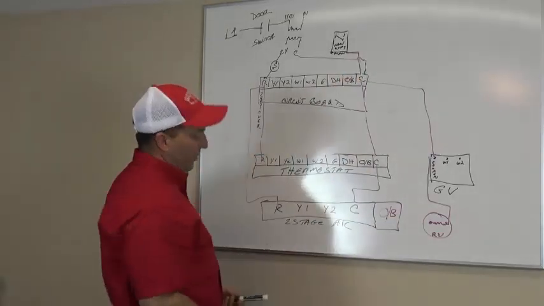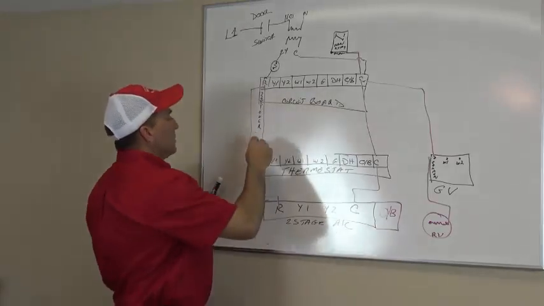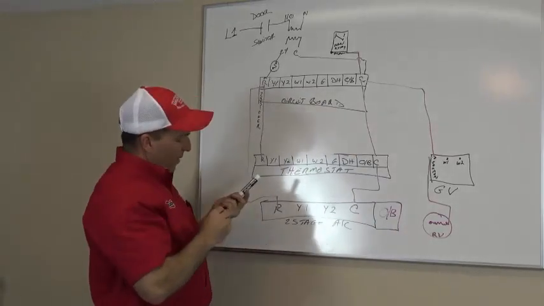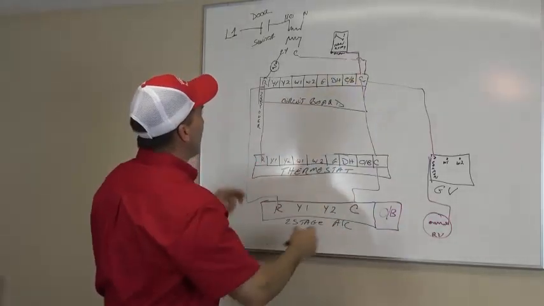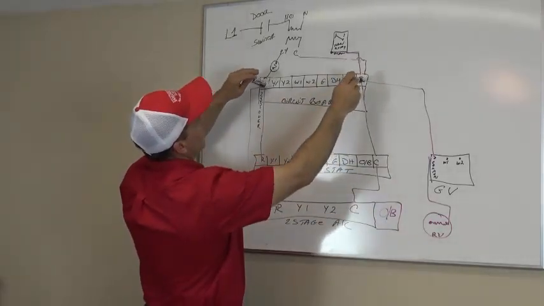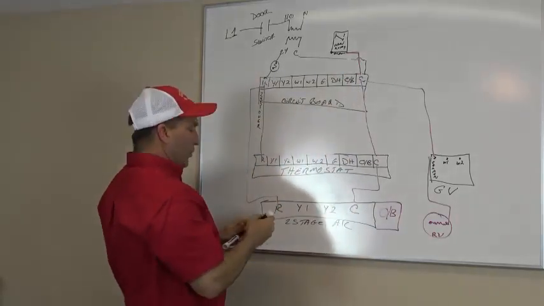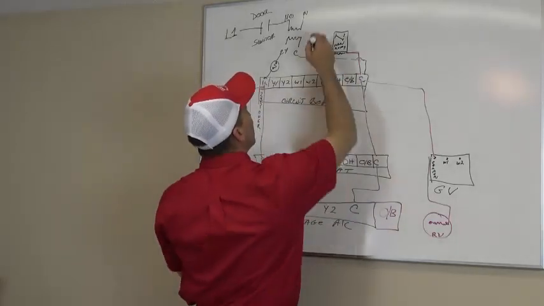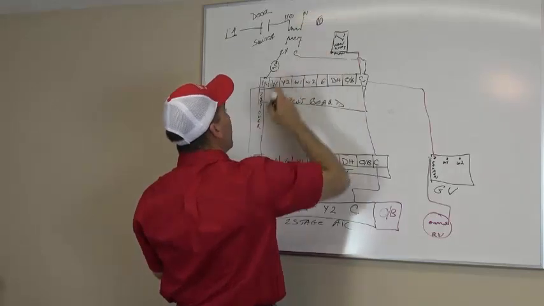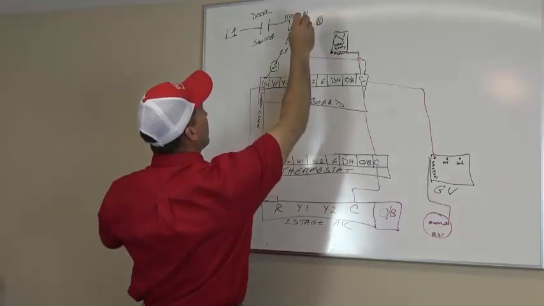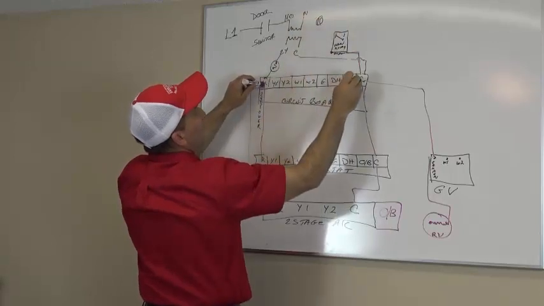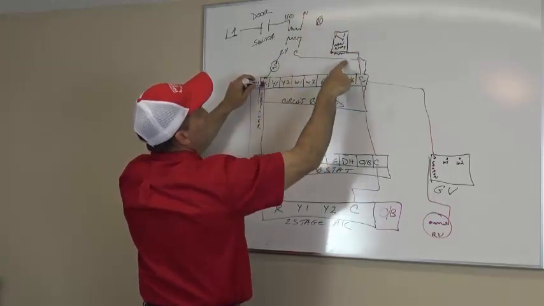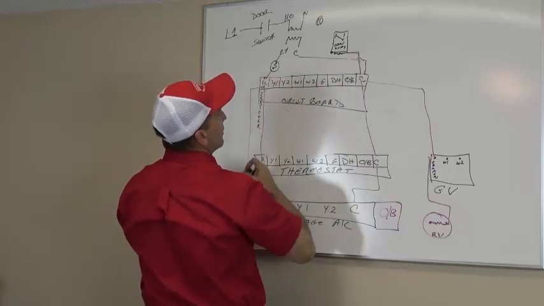I'd read 0. What if I got a broken common right here? Then what do I read? Zero. So let's go to my ground. I go here to here and read 24, but I go here to here and read 0 because it's broken.